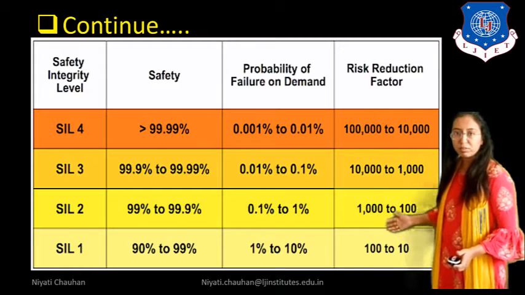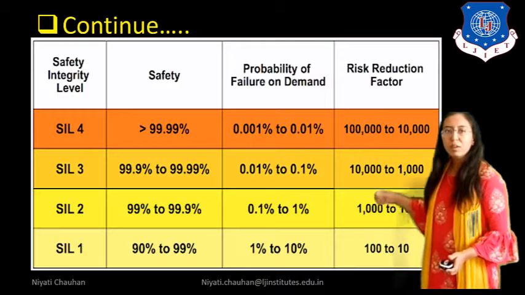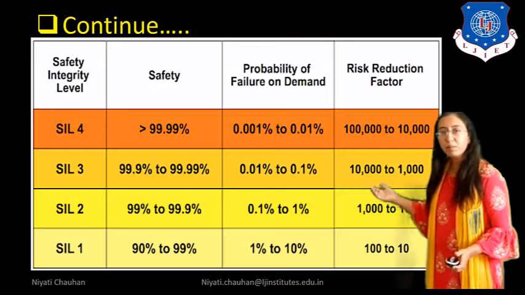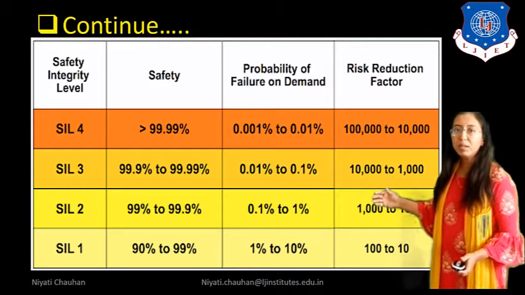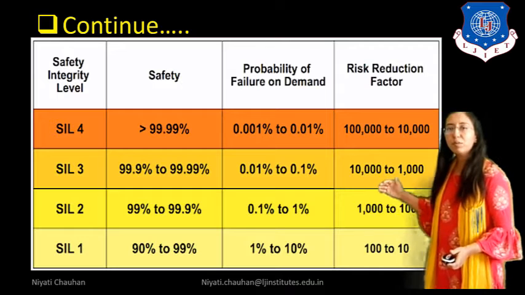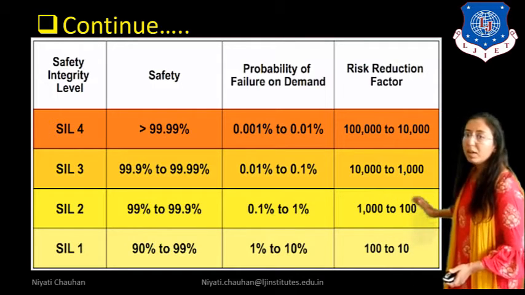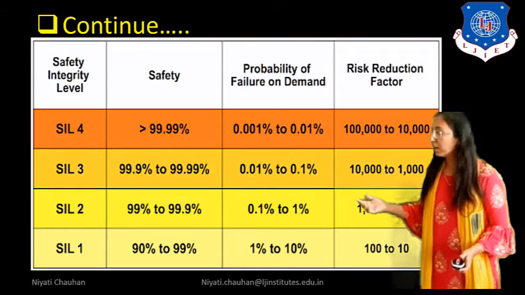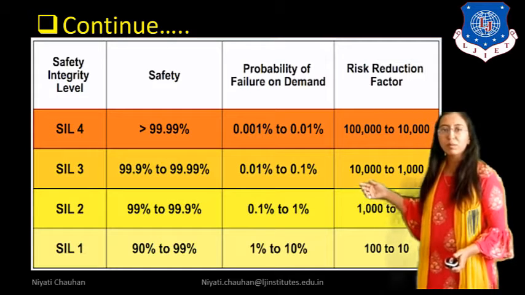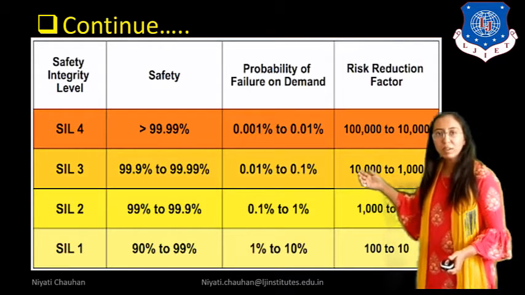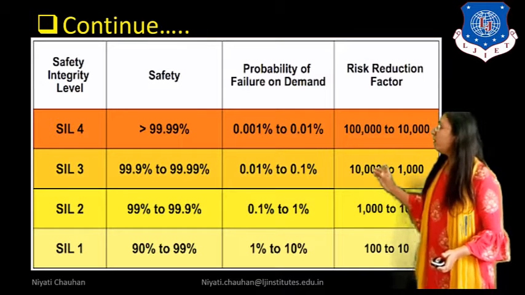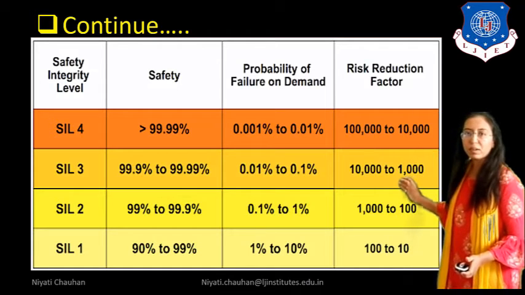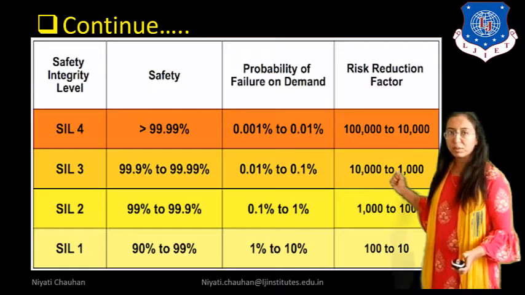For SIL 2, safety 99% to 99.9% and probability of failure 0.1% to 1% and risk reduction 1000 to 100. Then for SIL 3, safety 99.9% to 99.99% and probability of failure 0.01% to 0.1% and risk reduction factor 10,000 to 1,000.